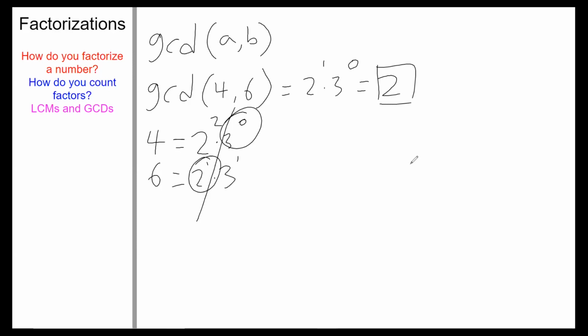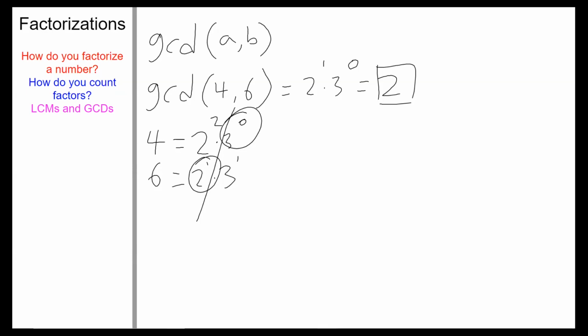Okay, so are there any questions? Why is it not 1? 1 is actually a divisor. 1 is a divisor of every single number, but it's not the greatest one.